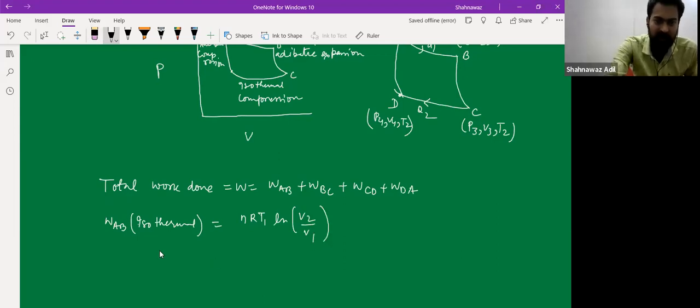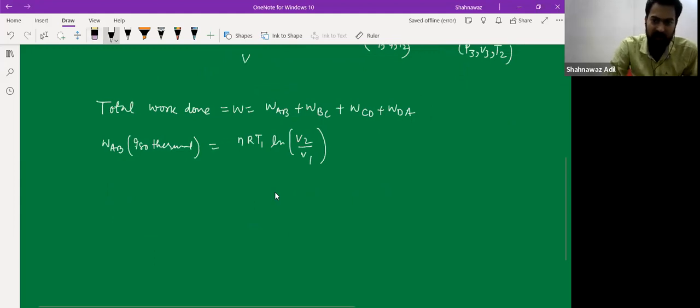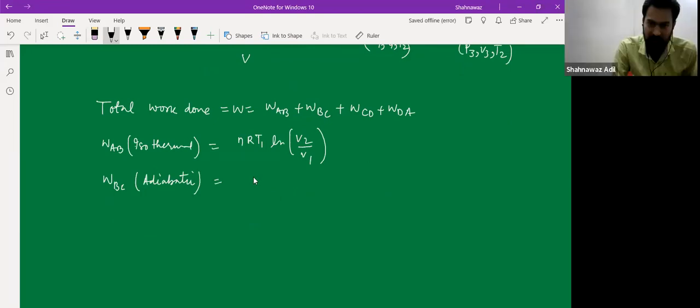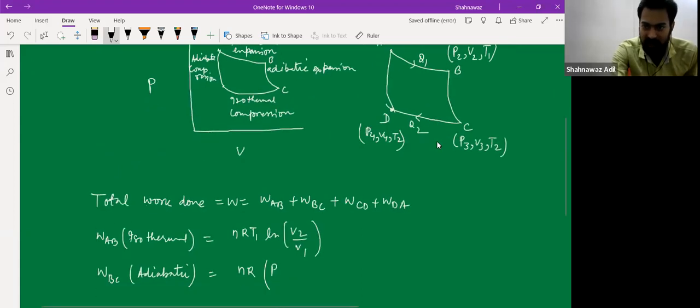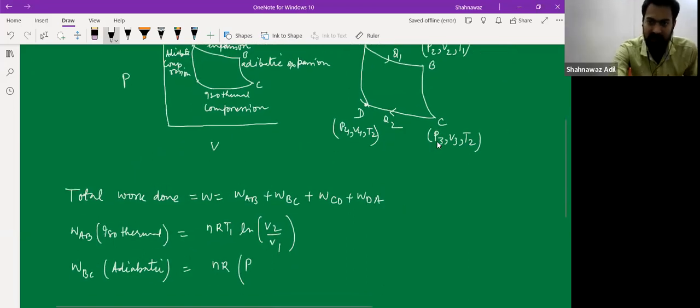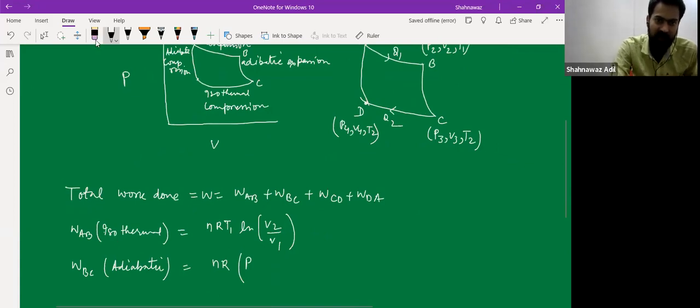And in B to C, you have adiabatic expansion. So what was the work done here? nR, and we are going from B to C, so we have P3V3 minus P2V2.